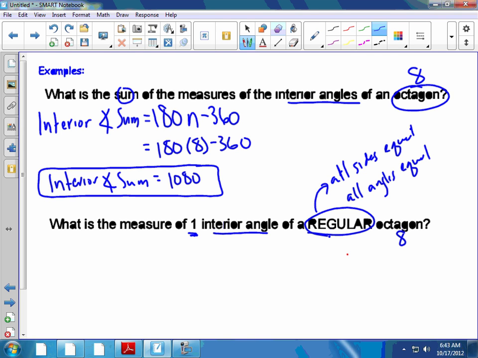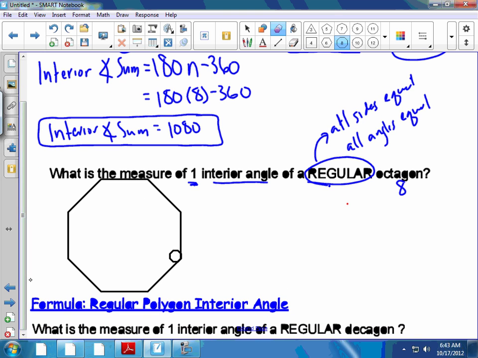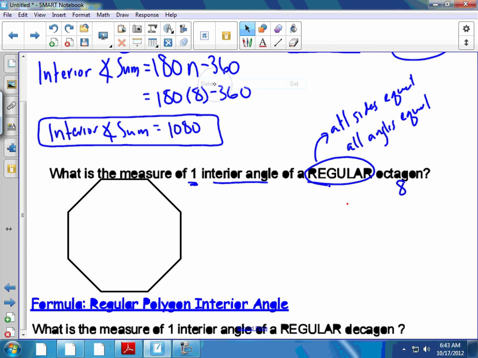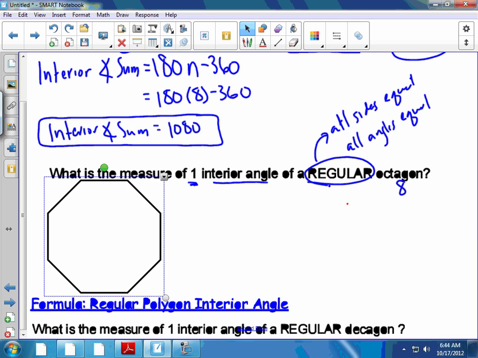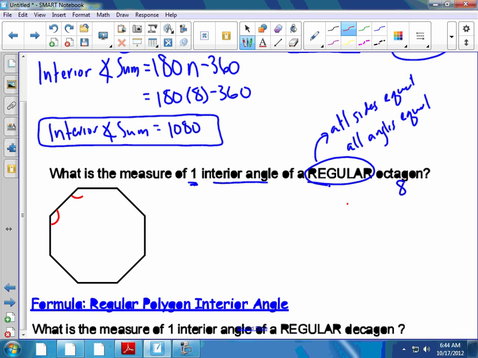So if I take an octagon, we have to know that each angle in the octagon is equal, and I'll label it A. So each angle is A.